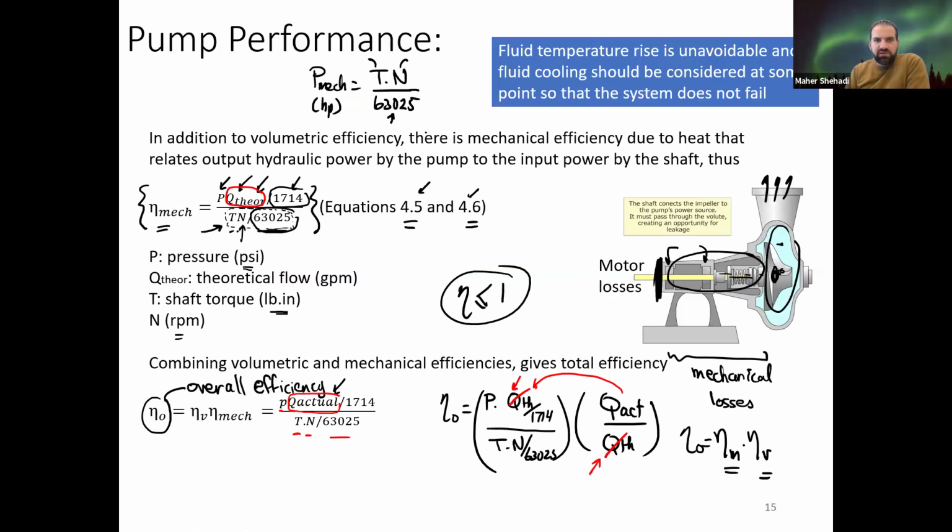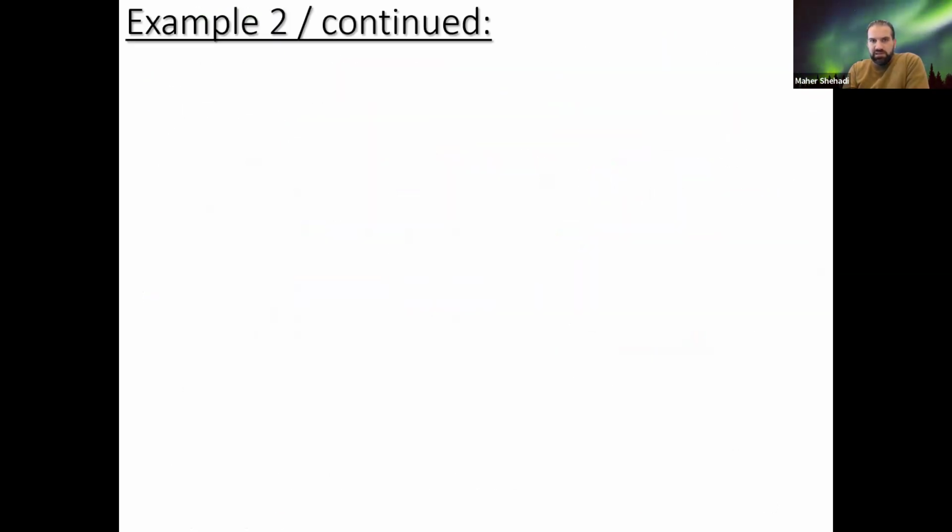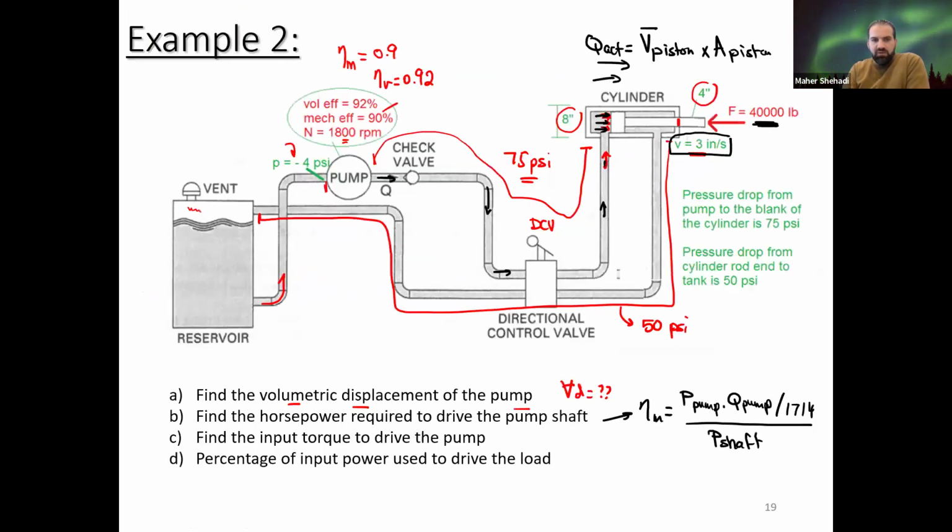We said that's right here. That's the mechanical power or the shaft power N required to turn and deliver that PQ over 1714. So that's what they're asking you to do: find the horsepower required to drive the pump shaft.